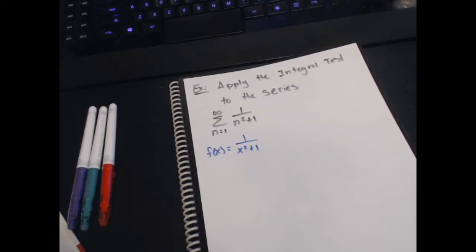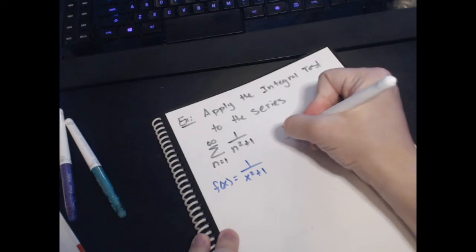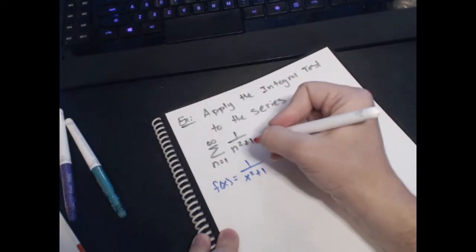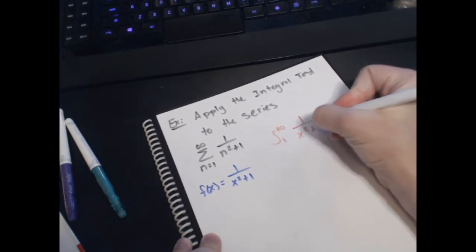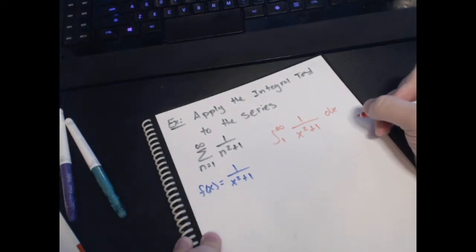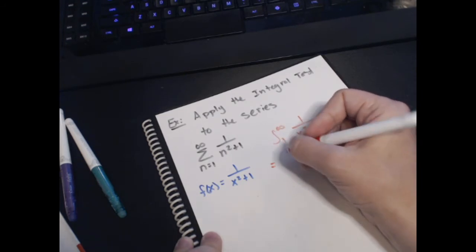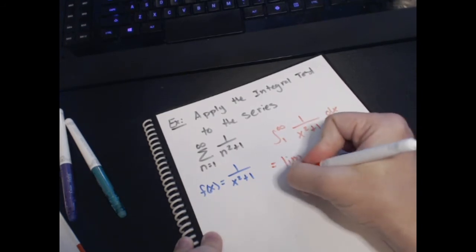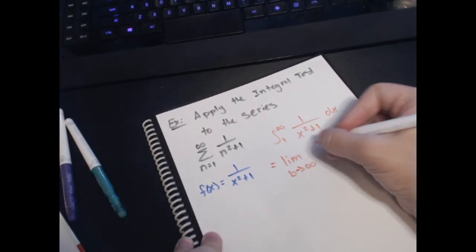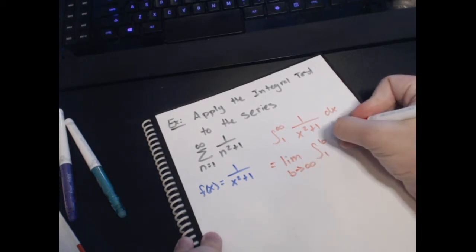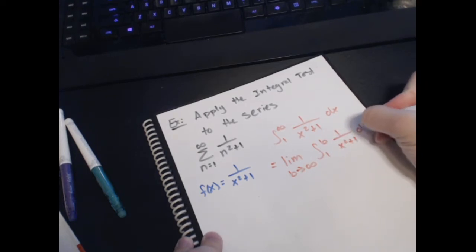So we want to go back and talk about what we're doing in 9.1, I believe. We're going to take the integral from 1 to infinity of this value, which is 1 over x squared plus 1 dx. The only difference is we have 1 to infinity, so we're going to do the limit as b approaches infinity, which is that concept from 9.1, of the integral from 1 to b of 1 over x squared plus 1 dx.